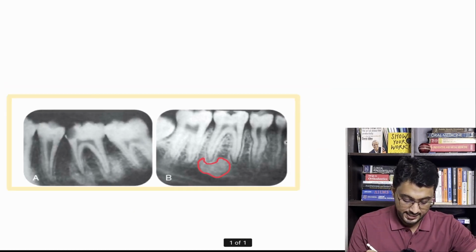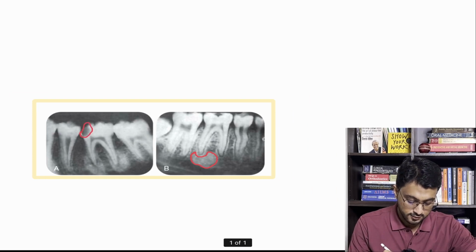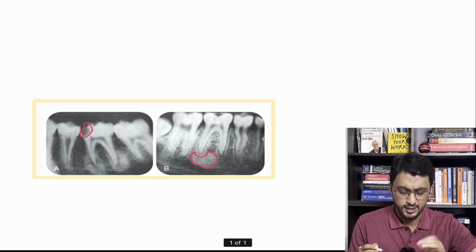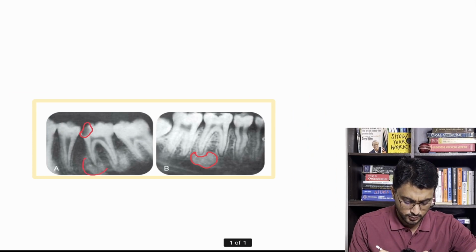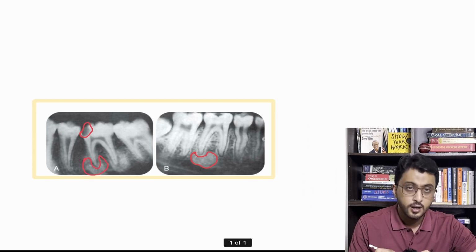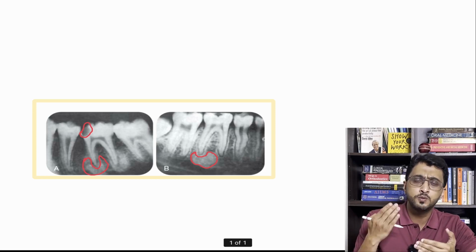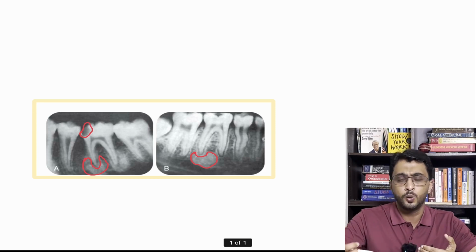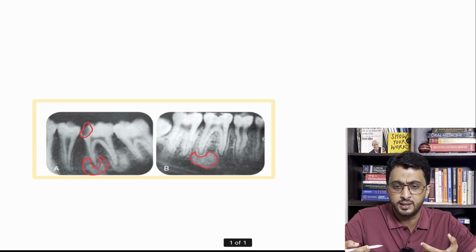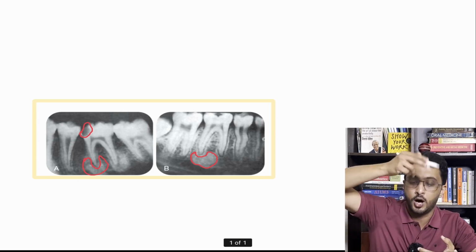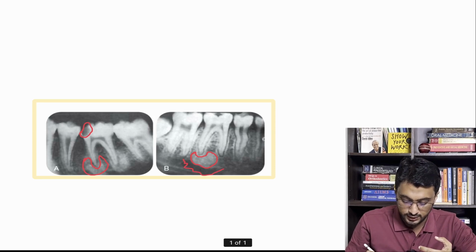But there is a carious lesion. You can see this, this is the carious lesion out there, very clear. This also again shows sclerosis, very well differentiated. You can even see a periapical radiolucency if there is periapical infection, but it's not a radiolucent halo around the lesion.